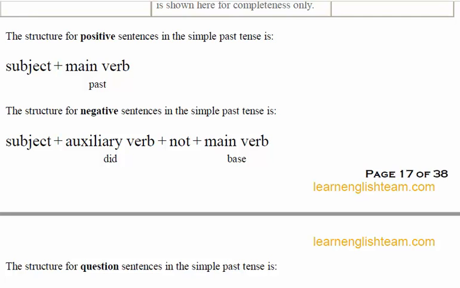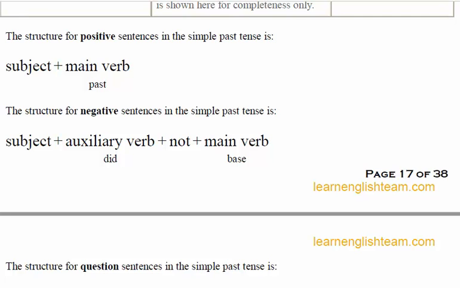The main verb is the past, not the past participle. It's the second form of the verb. Yes. So these two are the main things needed in the structure for the positive sentence: subject plus main verb.